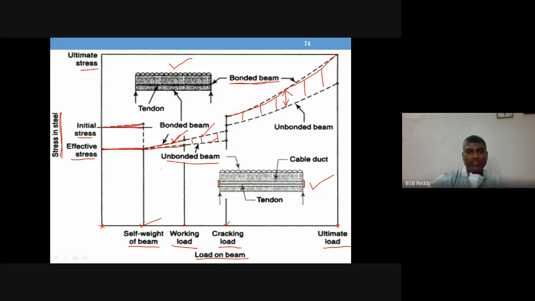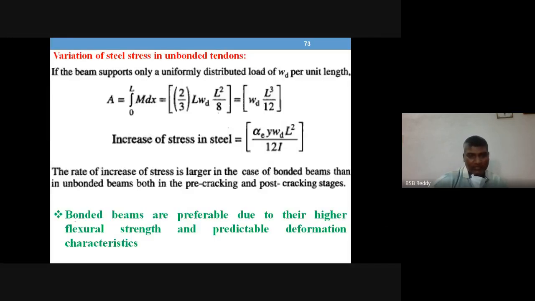Okay, so that is how the statement here, you see, bonded beams are preferable due to their higher flexural strength and predictable deformation characteristics. Okay, so this is where the rate of increase of stress is larger in case of bonded beams than unbonded beams, both in pre-cracking and post-cracking stages.